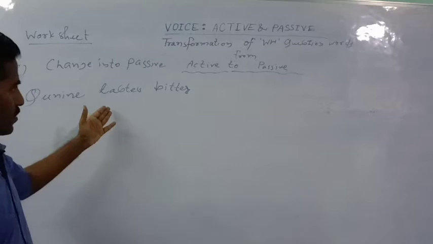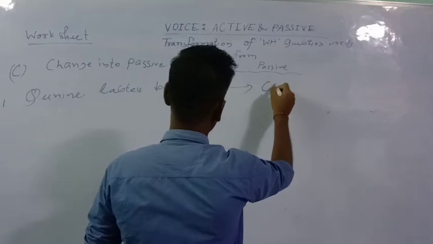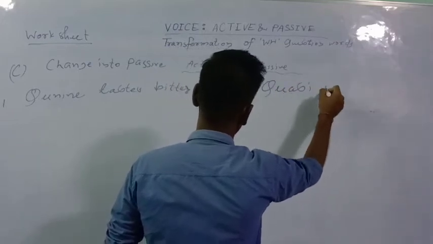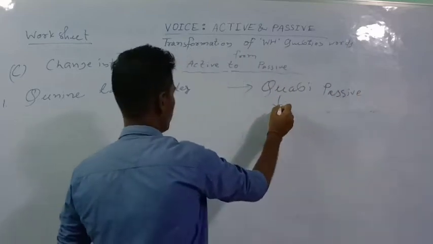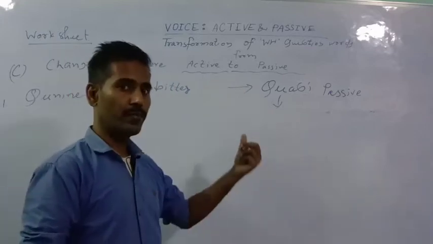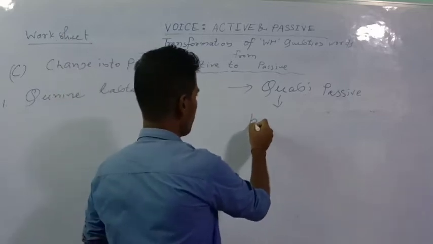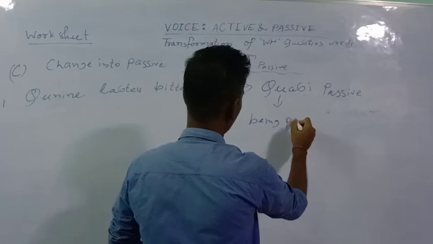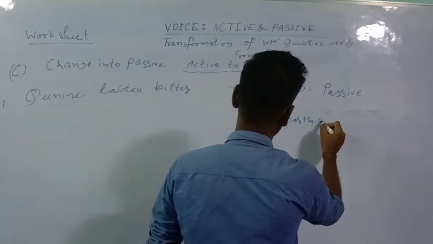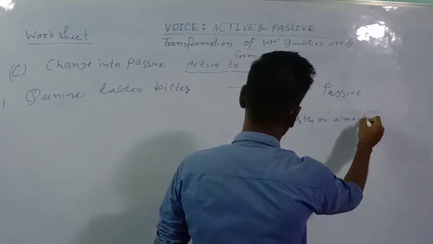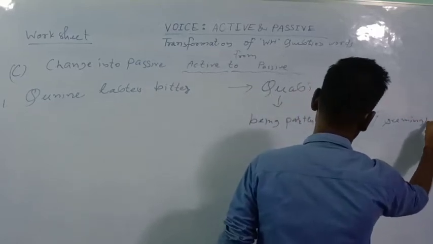Okay, see, this kind of sentence, quinine tastes bitter, is called quasi passive. What do you call it? Quasi passive. See from the name itself, the very word quasi means being partly or almost, or you can say seemingly. The dictionary meaning of this word is being partly or almost, or seemingly.